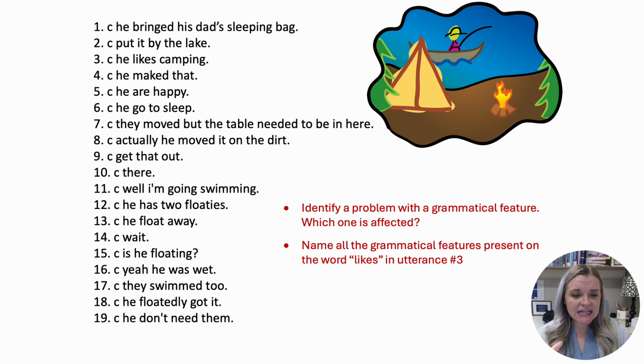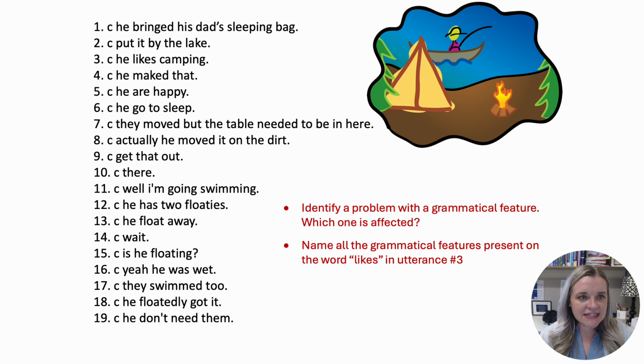I'm trying to see if there's anything else in there. "They swimmed too." There's another example of what we call over-regularization, where we've added a regular past tense -ed where it should have been an irregular "swam." Similar, "he don't need them" should be "he doesn't need them." So there are a few different options here.